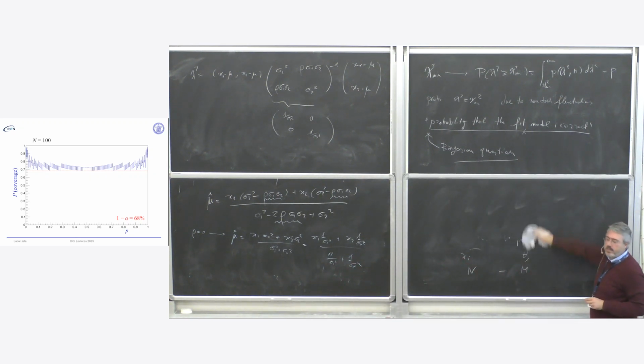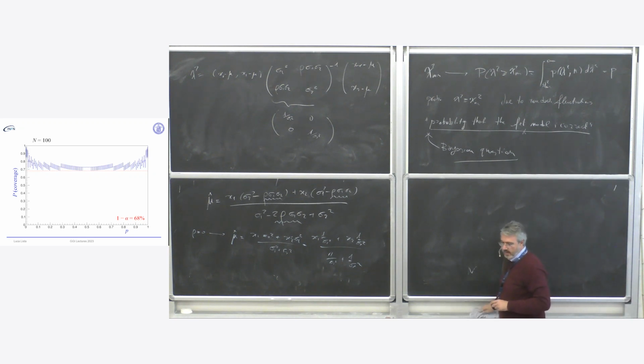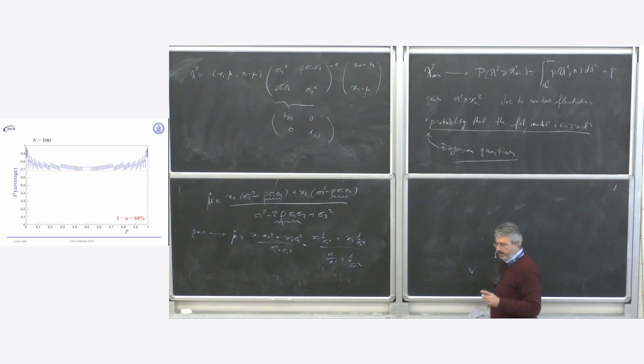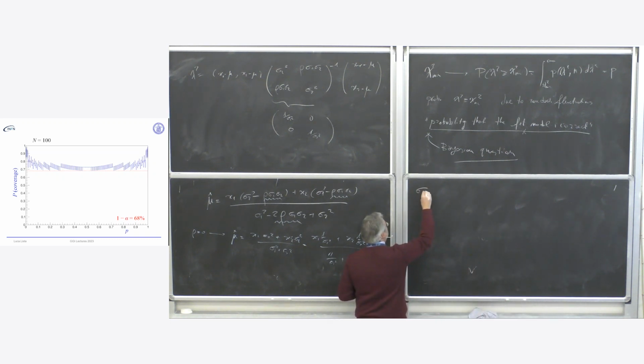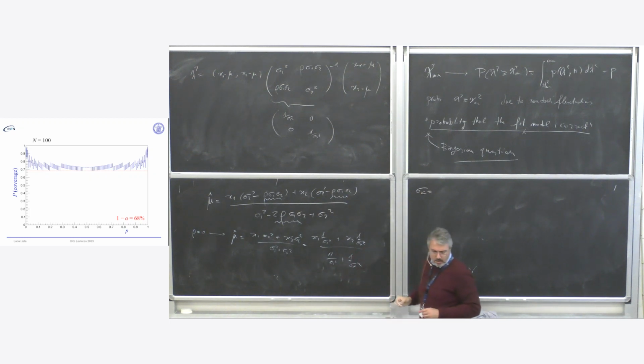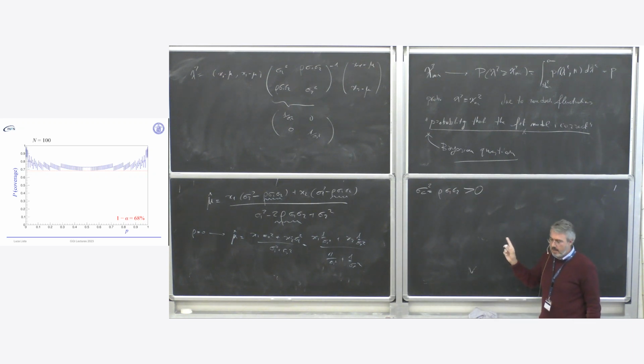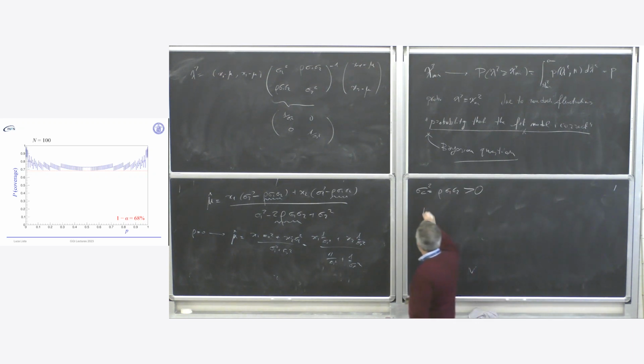This would be easier with the slides because I'm just copying formulae. I'm not doing the math for it. But it is possible to demonstrate that if we define sigma C squared equal to rho sigma 1, sigma 2, and if we assume that this is greater than 0, which is not always the case, we can write mu hat in a way which is very easy to understand.